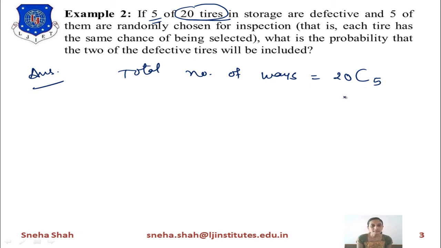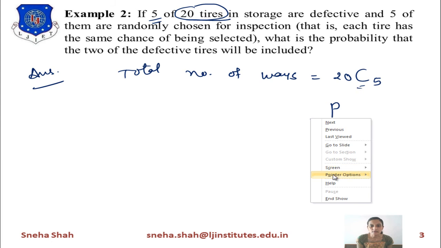You have to keep in mind that if a particular arrangement is required, then we use permutation, and if a particular arrangement is not important, then we take the combination. Like from the 20 tires we are selecting 5 different tires, so for that we take combination.